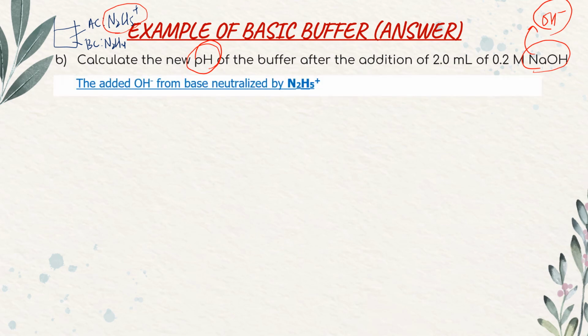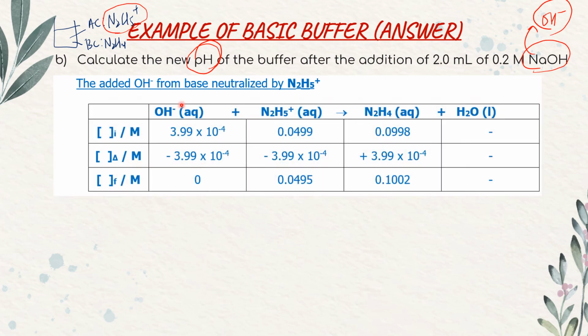The added OH minus from the base will be neutralized by N2H5 plus, so this will be the equation: OH minus plus N2H5 plus to produce N2H4 plus H2O liquid. So, initial, change, final. For each species here, except water which has no change, we dash it straight away.